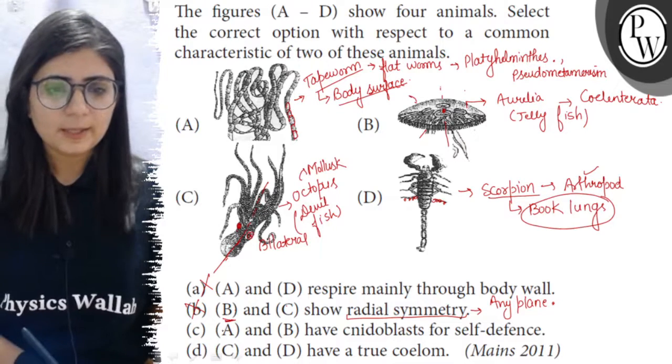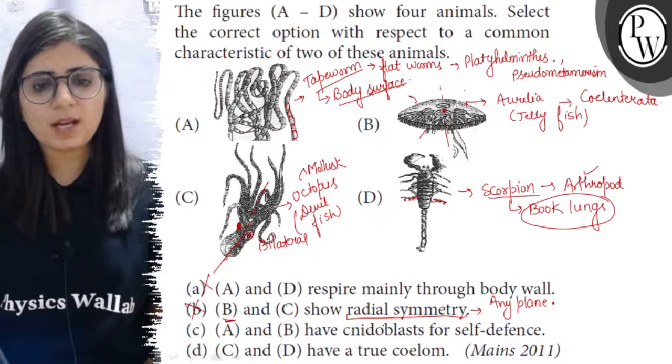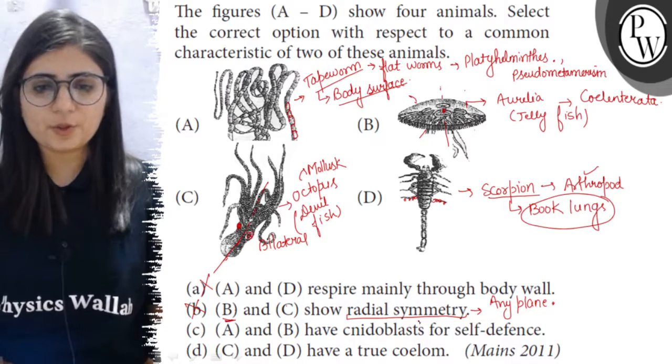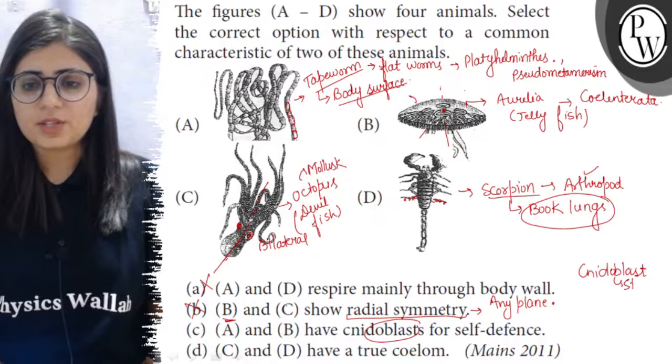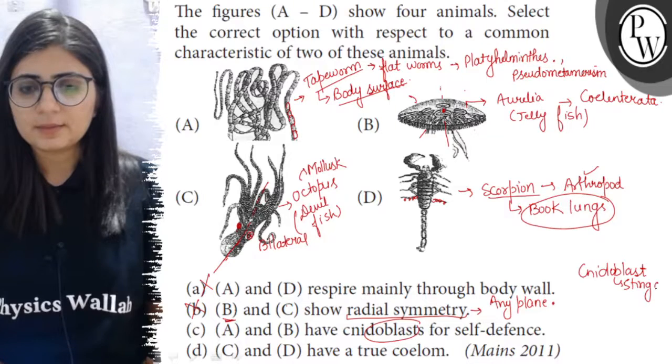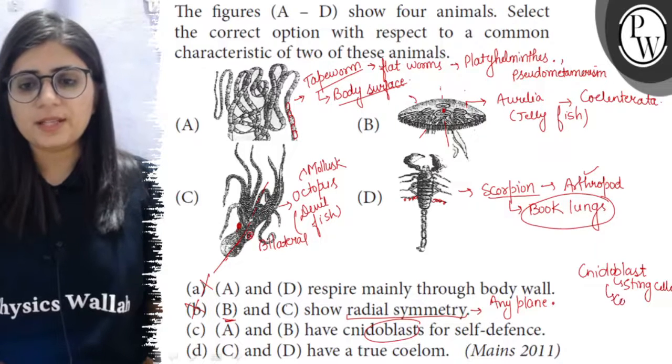So this is wrong. Now the next statement is A and B have cnidoblast for self-defense. So cnidoblast are the special stinging cells which are present in the body wall, especially on the tentacles, in case of coelentrates.